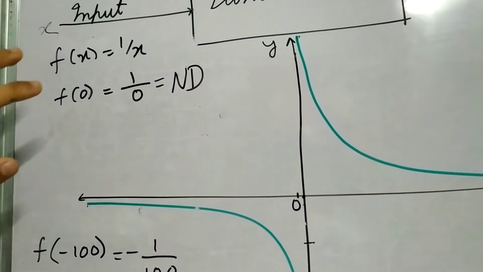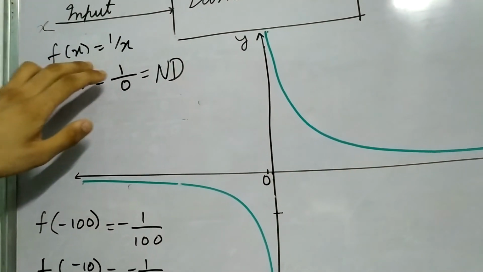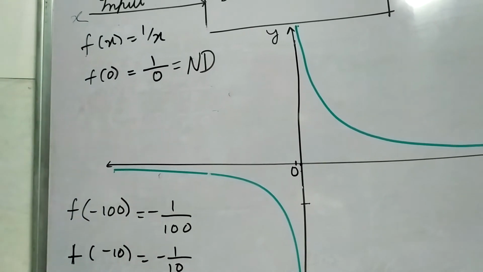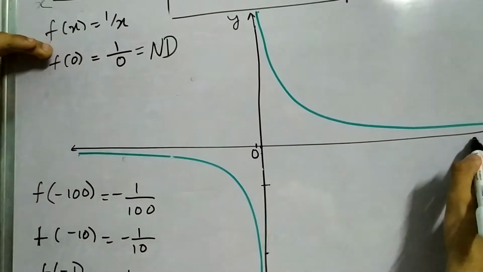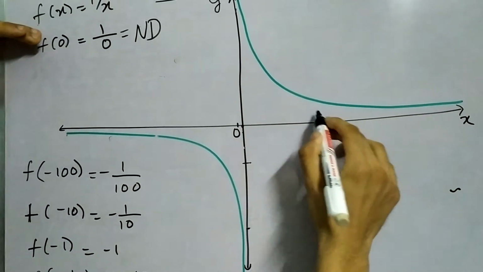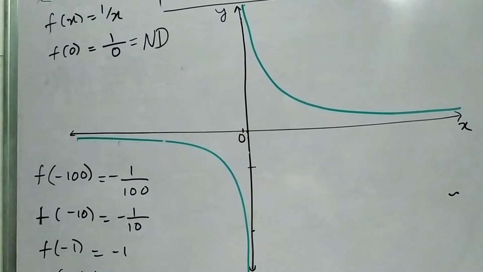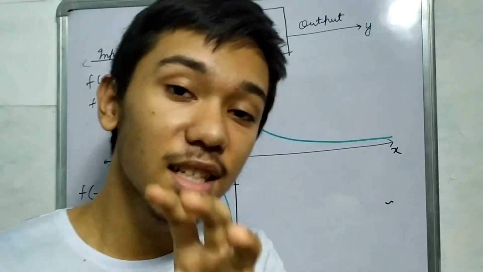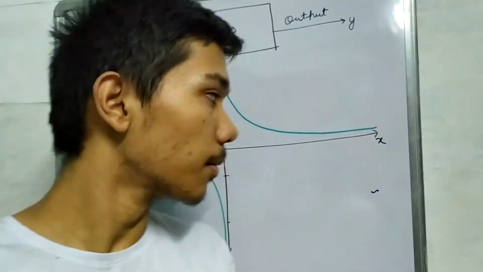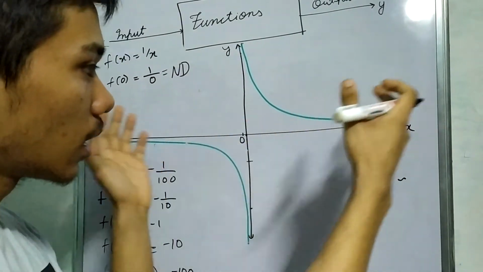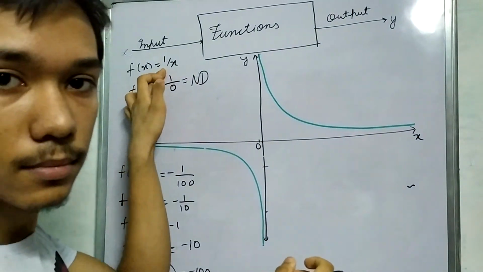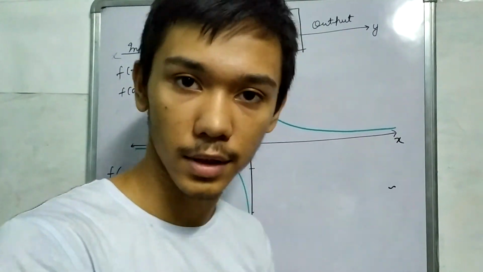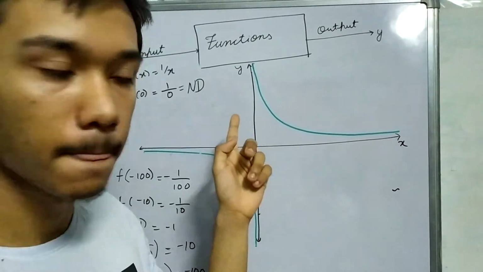The thing is, for f of x you can put many values of x. You can clearly see for every x you are getting some y, but not at 0. So you have some restrictions on x. And such restrictions on x, the set of x you can put in this function, is called the domain of a function.